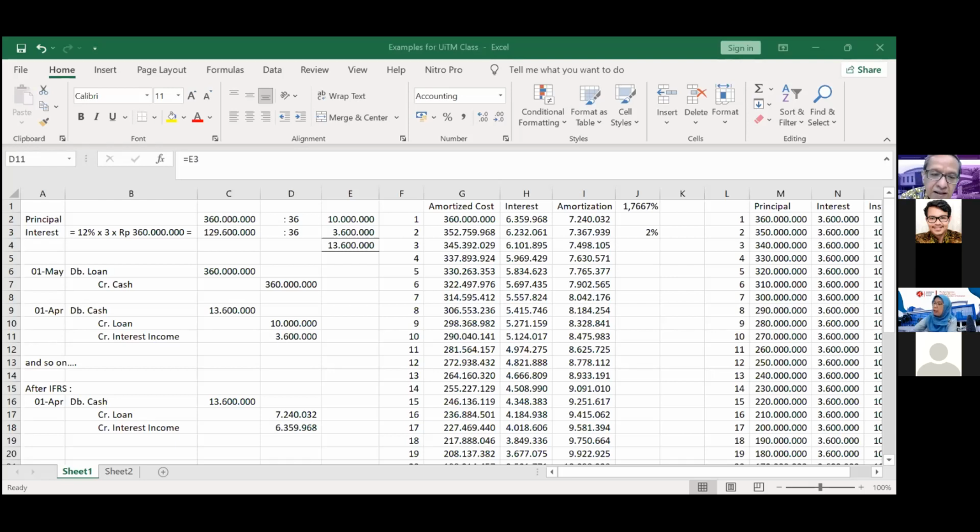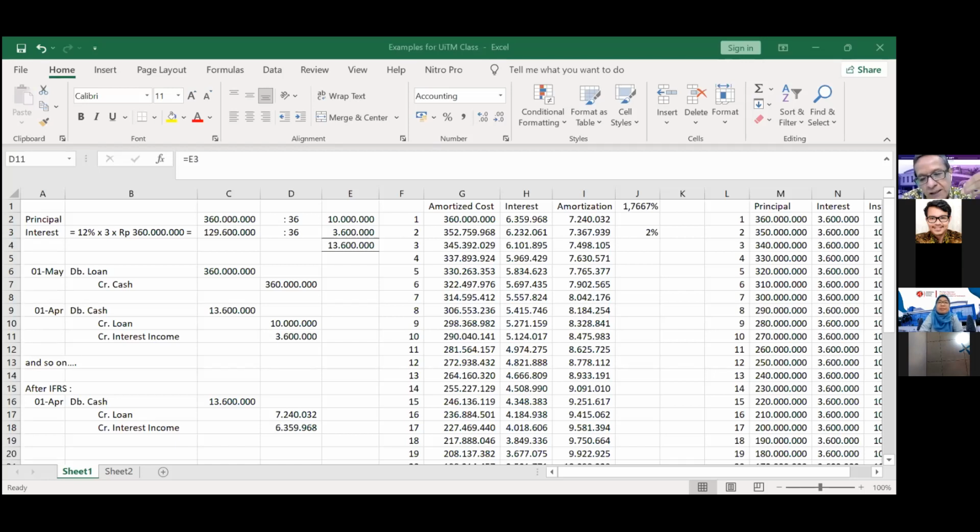Then, if the loan is getting worse, so if there is a financial problem with the debtor, then the bank should recognize the loss for the sum of this. So you add this and this, this and this and this. If you add all of this, then you have recognized the loss for the whole of this.